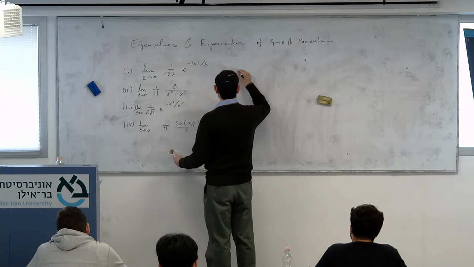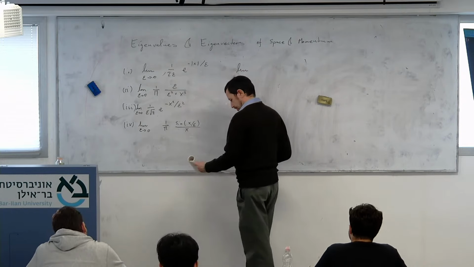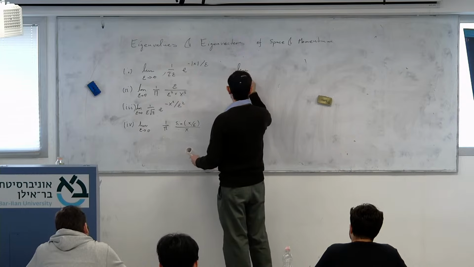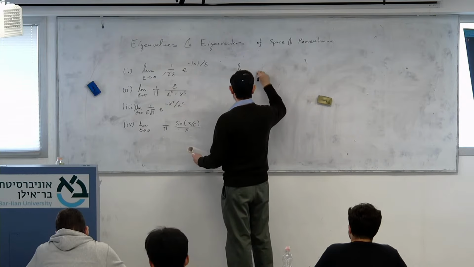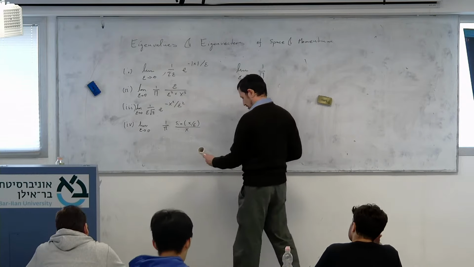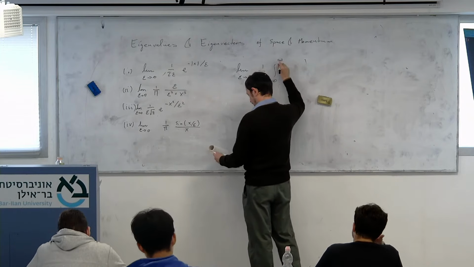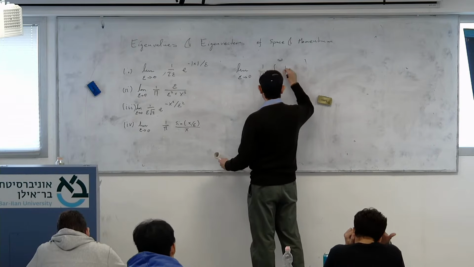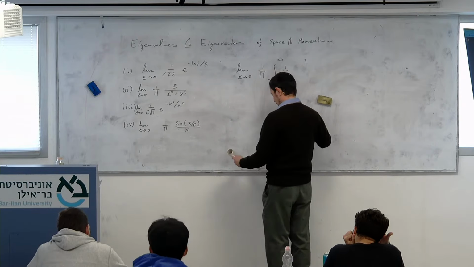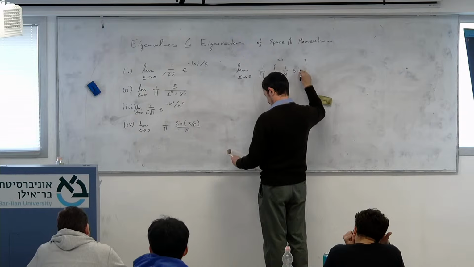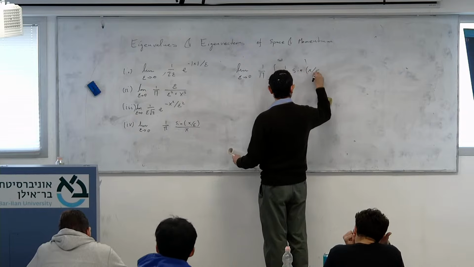So, the limit of epsilon going to 0 of 1 over pi, integral from minus infinity to infinity, of 1 over x sine of x over epsilon.